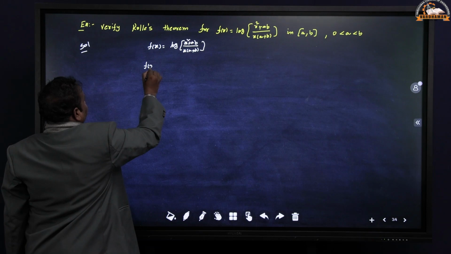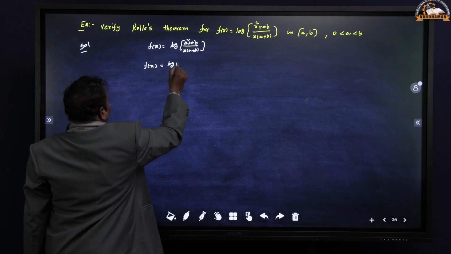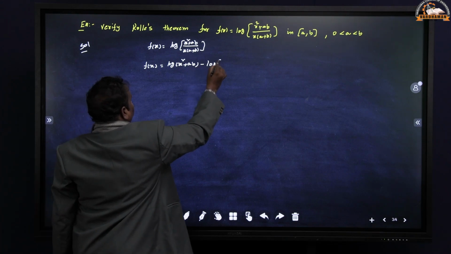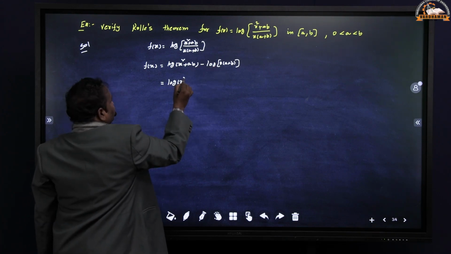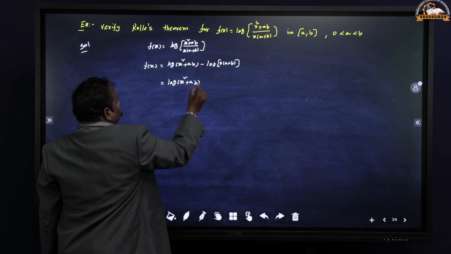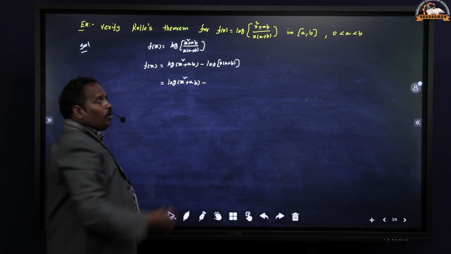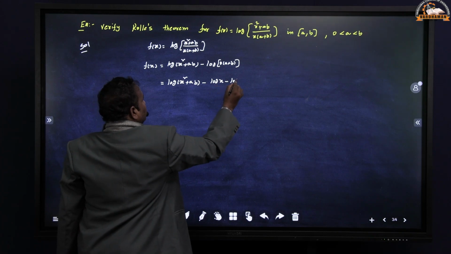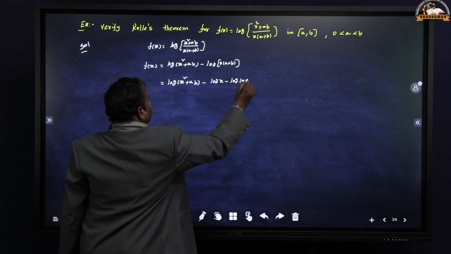This one can be written as log of a by b, which can be written as log a minus log b. This is equal to log of (x square plus ab) minus log x minus log (a plus b), the log of a product being log a plus log b, with plus and minus signs accordingly.